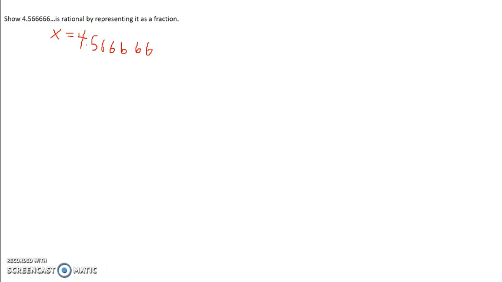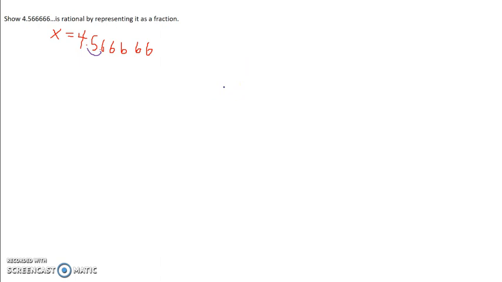In this case, notice that if I take this decimal point and move it one decimal place, then 45 will be in front of the decimal, and 666666666, only the repeating part, will be to the right.